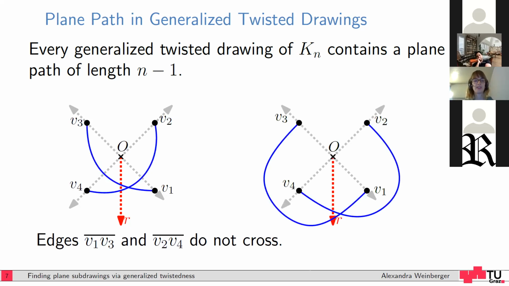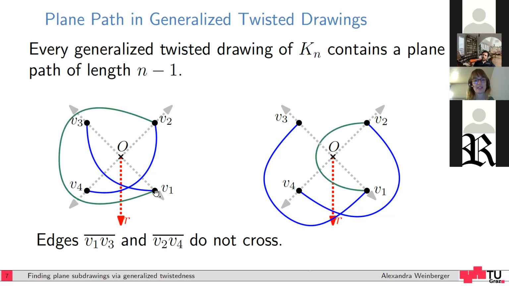So assume that these edges cross. Then there are essentially, that is up to what we consider strongly isomorphic, two ways of how to draw this crossing. And since we have a complete graph, we know that we still need to be able to draw in the edges V1V2 and V3V4. Let's start with V1V2.